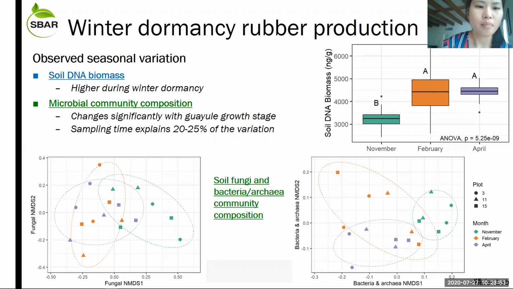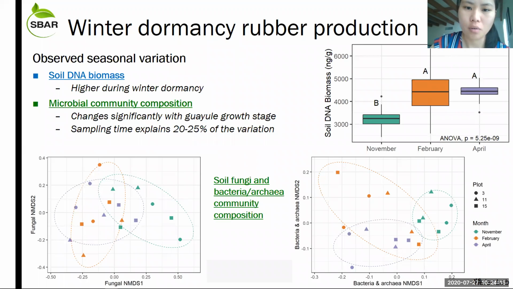Both of these plots show that the plant is experiencing a shifting soil microbiome throughout the winter dormancy period, hence the different colored ellipses and clusters are not completely overlapping, and also that spatially across the field, plants are experiencing different conditions.